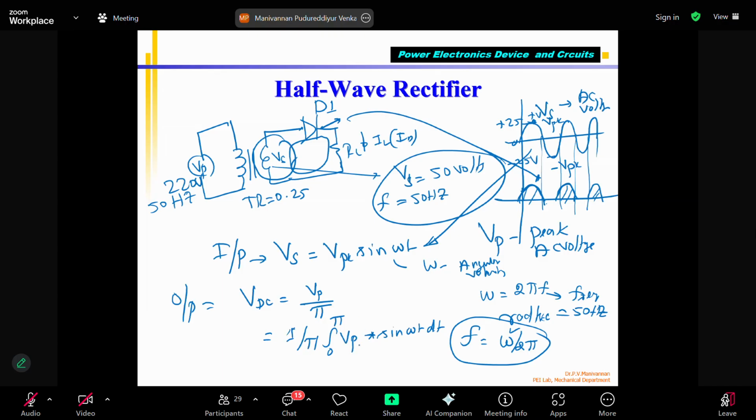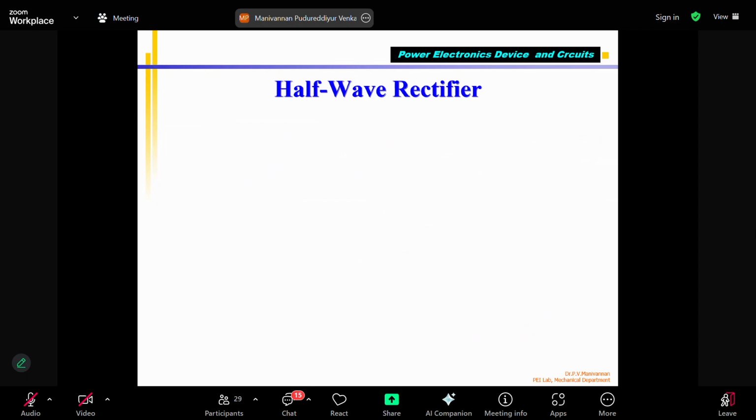If we integrate this term with respect to t and apply the upper and lower limits, you will get VDC. What will VDC be? If I integrate this, VDC will be equal to Vp divided by pi. Okay.